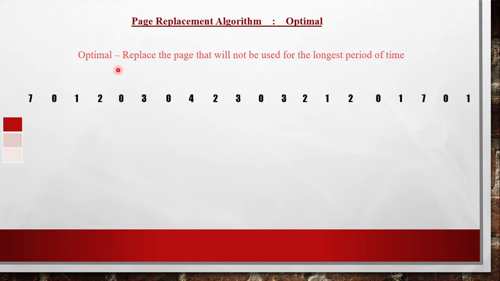Before we understand the optimal algorithm in detail, we should see the page references referred by the CPU, that is 7 0 1 2 0 3 up to 1. These are the pages which belong to a particular process.